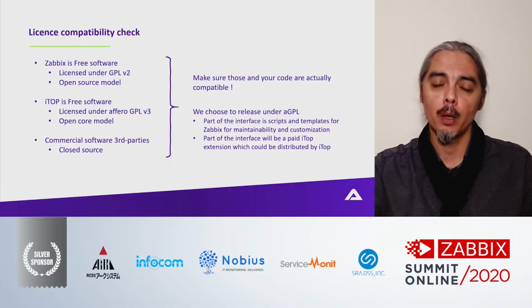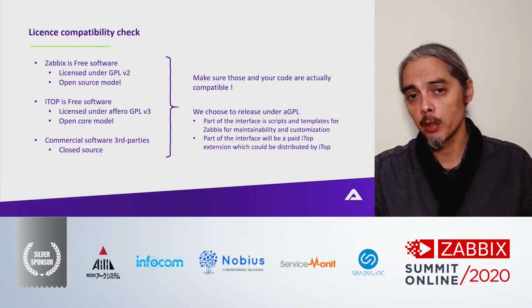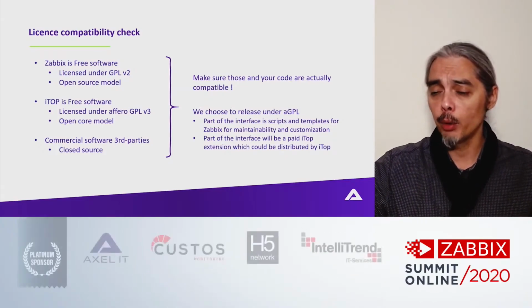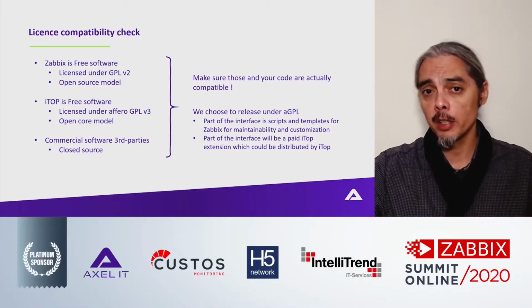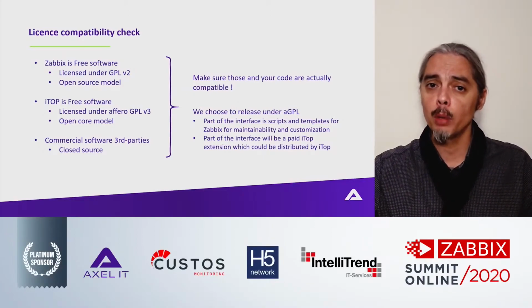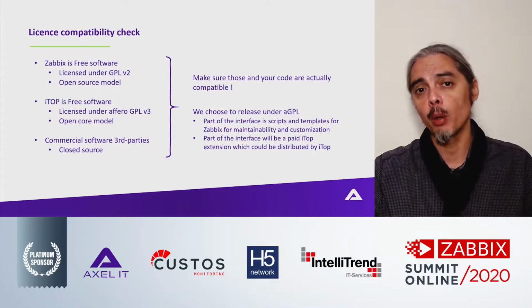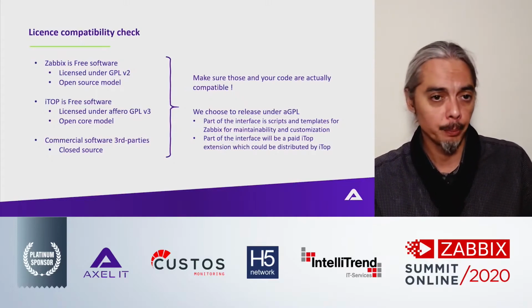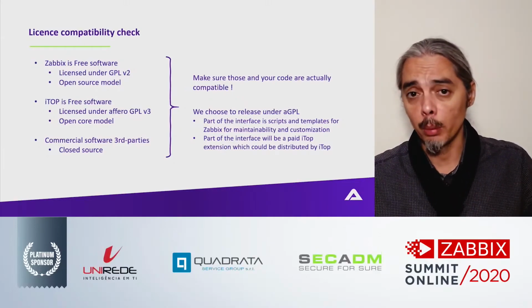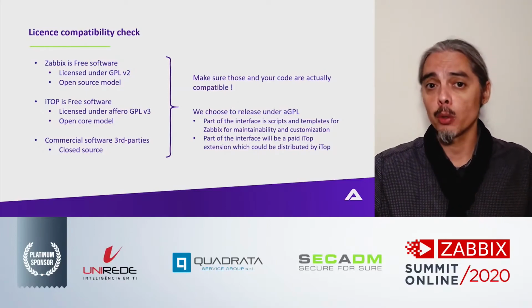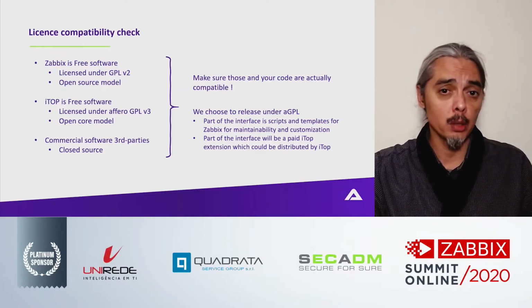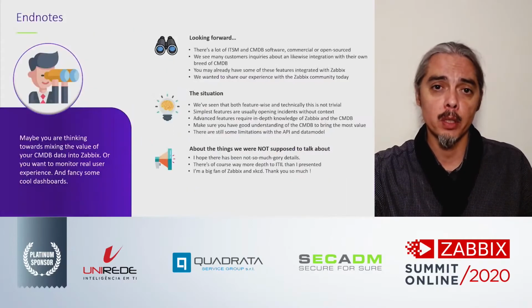Every Zabbix part will be GPL version 2 and distributed as such. And every part under iTOP, changing the CMDB model and such, will be released under the iTOP open core model, which is after GPL. And of course, there are commercial issues when you are talking about commercial software, such as HP audits or ServiceNow, which we've seen earlier.